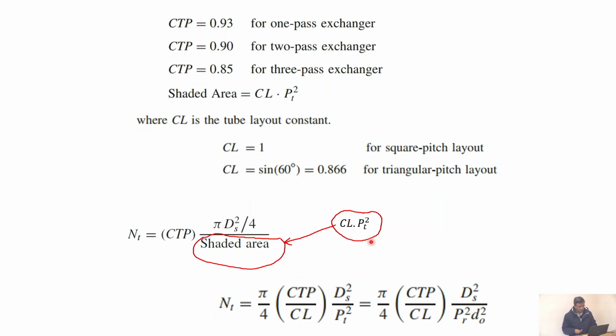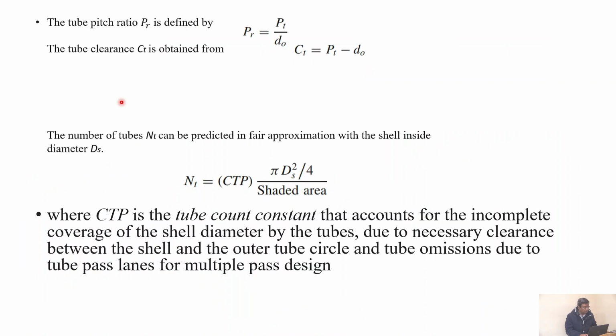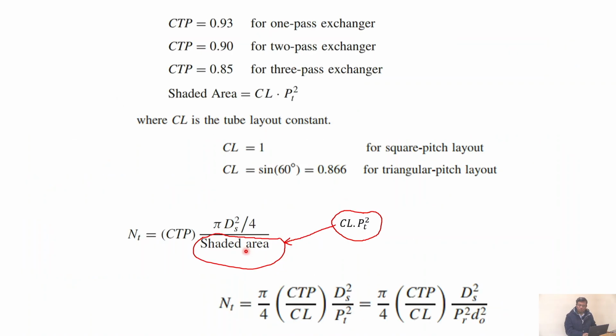Actually, it's a bit confusing in the sense that in this figure, this is the shaded area, but the shaded area which he is referring to after that figure is some CL, which is a tube layout constant, multiplied by PT square. So for square pitch layout, it's just PT square.